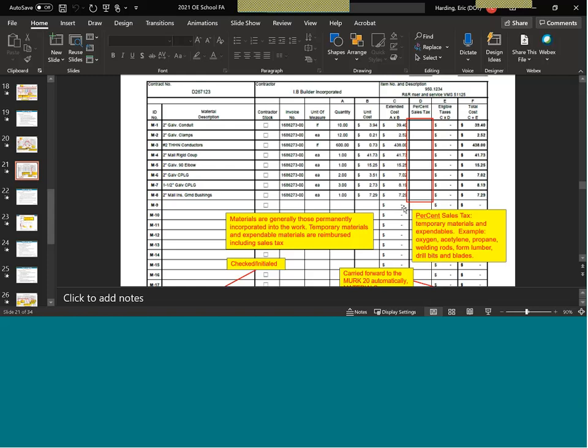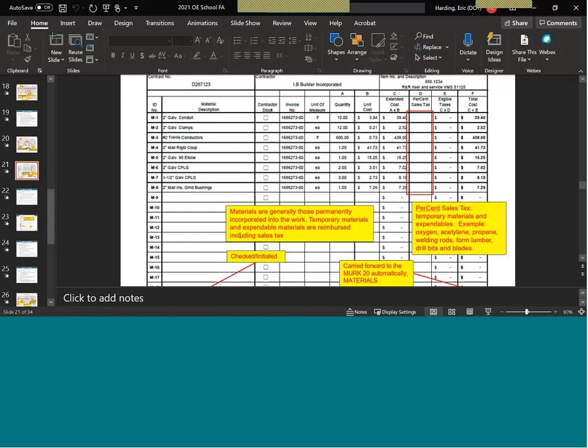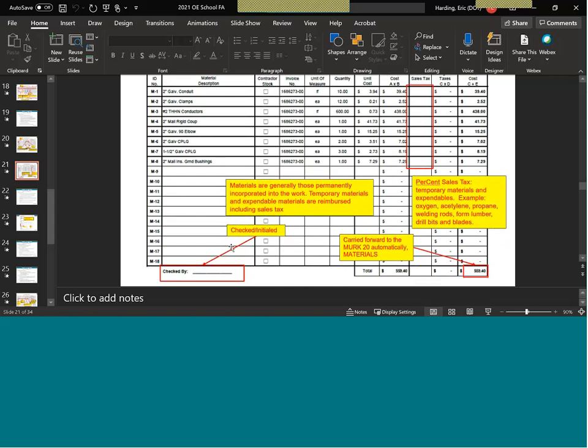I don't have a general rule. I think we would pay some portion of it if it was really outside the scope of the original contract. I don't know if anybody has anything to add to that.